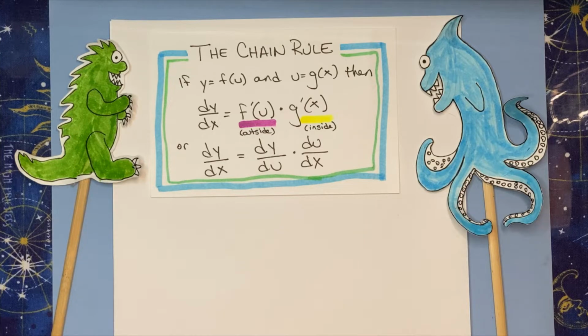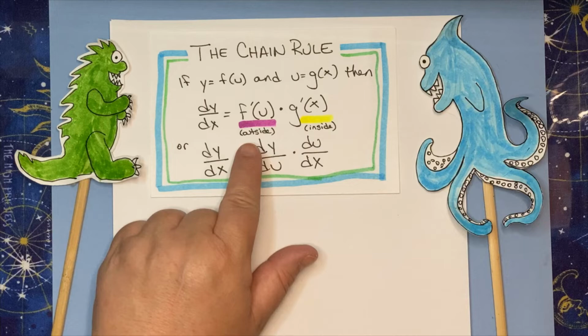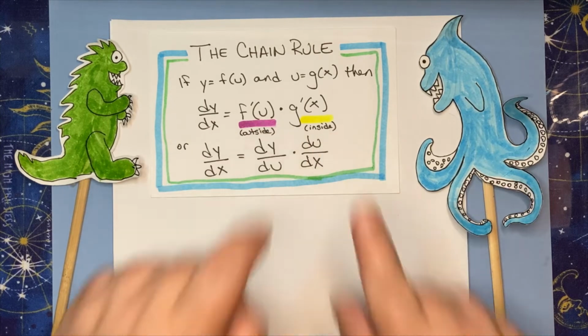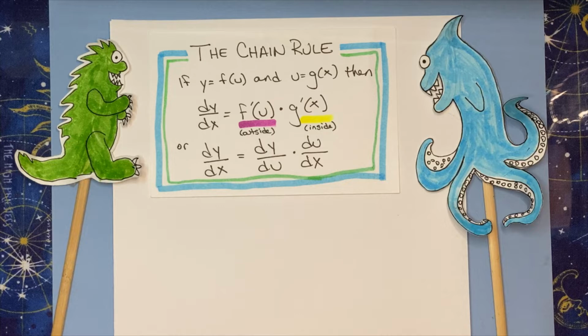And basically, what we're talking about is taking the derivative of a composite function, or a complicated function where there's clearly an outside function and there's clearly an inside function. In part 1, I showed you both the long way and the short way with the chain rule, and we could compare and contrast.